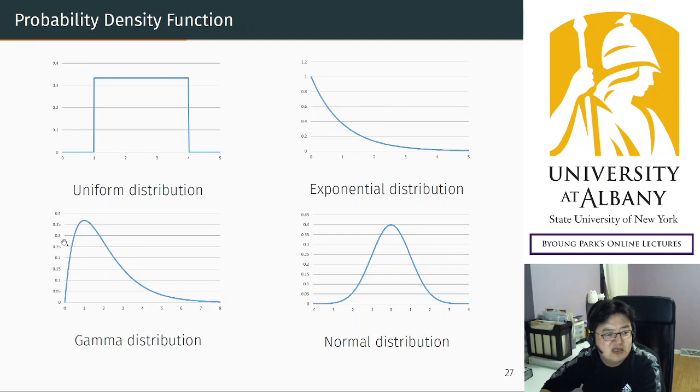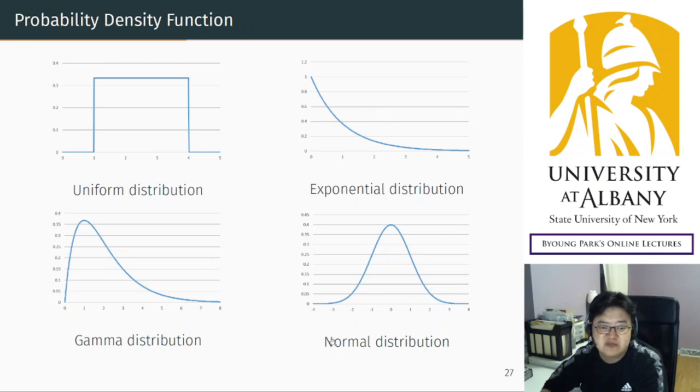And this is a gamma distribution PDF. The gamma distribution has its peak at 1. So most probability is put on 1, and then it goes down, right? And the normal distribution is the bell curve, the curve that you know.